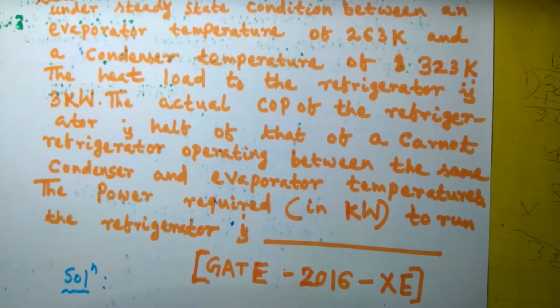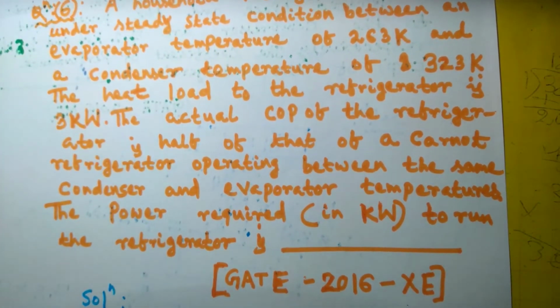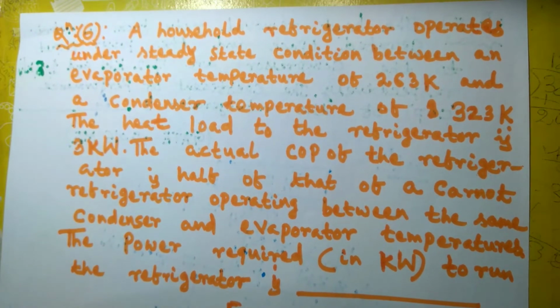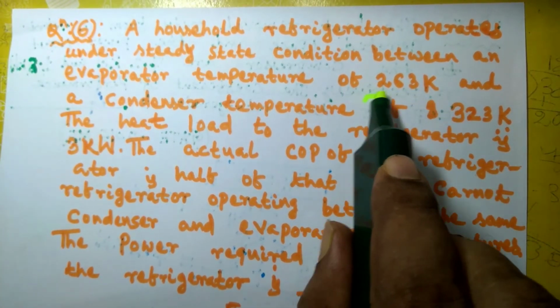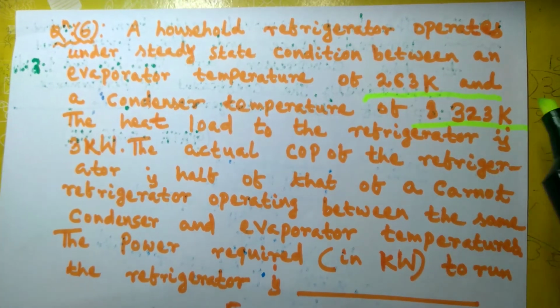So the next question is question number 6. A household refrigerator operates under steady state condition between an evaporator temperature of 263 Kelvin and a condenser temperature of 323 Kelvin.